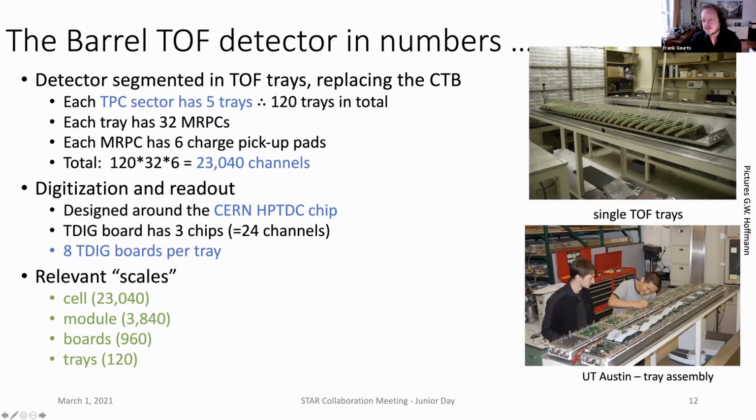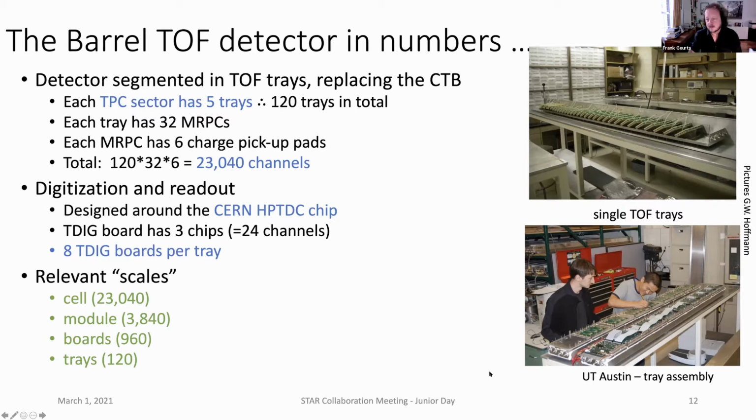You can see here on the right side a picture of a tray where the eta equals 0 is on this side, and this is the eta equals 1 side. The electronics is below, and so the STAR detector or the TPC would sort of sit here. You can see that all these RPCs are more or less oriented towards z equals 0 in the detector.